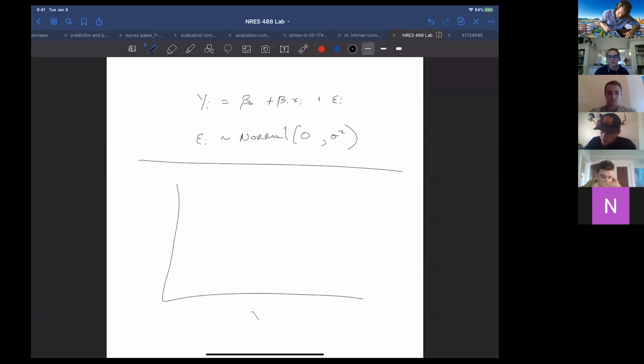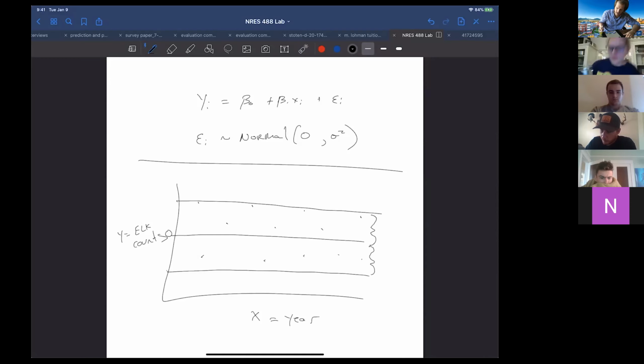If we have x equals year on the bottom, and y equals our elk counts, the assumption is when we look at the residuals, this is 0. The spread stays about the same, in about the same area, no matter what value of x we have.